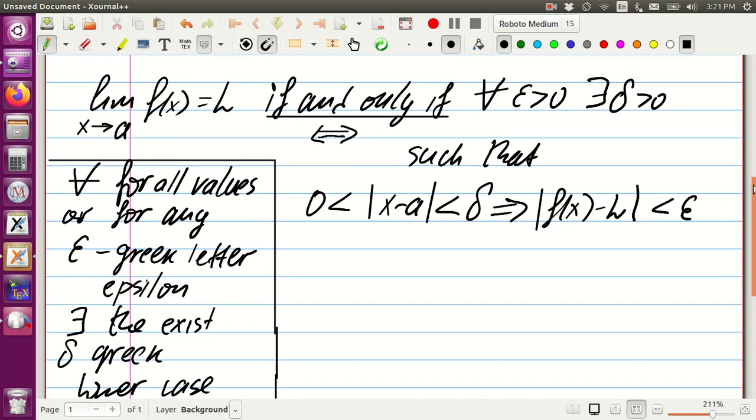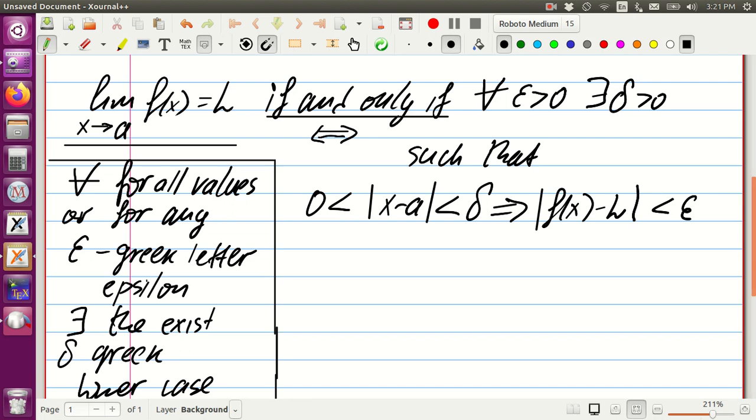We say that the limit of f of x when x approaches a is equal to L if and only if for any epsilon greater than 0, there exists a delta greater than 0 such that 0 less than |x minus a| less than delta implies |f of x minus L| is less than epsilon.